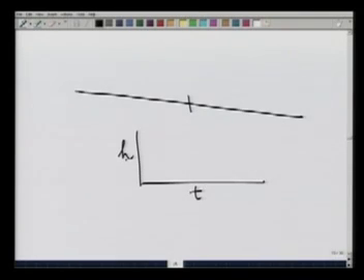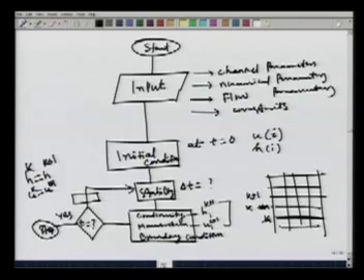Let us say this is the flow depth, this is time, and this is like this. To get the result like this, what should I do? Where should I write the output? I should write the output here, before I move here. This should be my output.